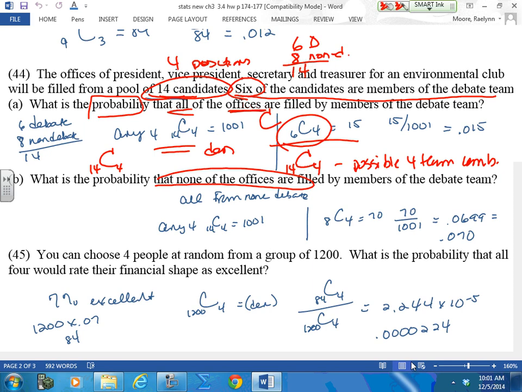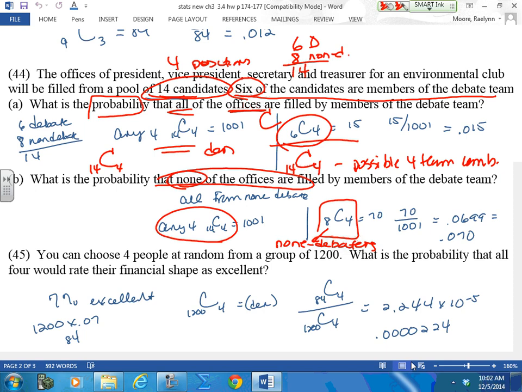And again, over the denominator, over any 4. These are my non-debaters. Because I wanted none from the debate team. If I want none from the 6, I got to go to the other 8. And how many groups of 4 can I make from those 8s?